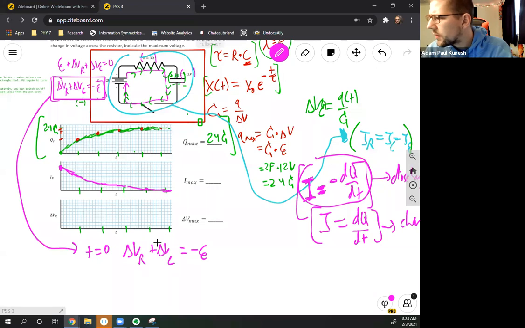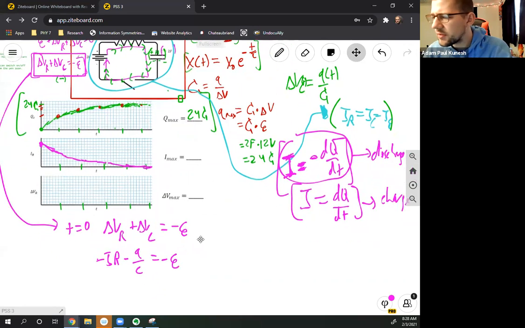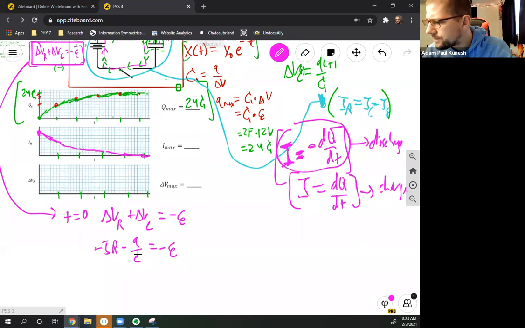Let's write it like this: negative IR minus Q over C equals negative battery voltage. So I'm just subbing in the appropriate values there. At time t equals 0, the capacitor is uncharged, so Q equals 0, and that term goes away. Okay, so again, the equation is identical to that of just a battery connected to a resistor.